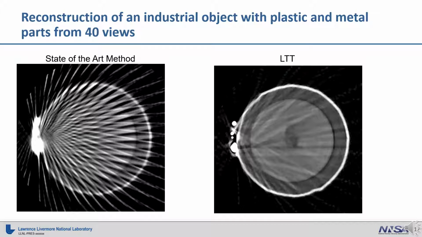So what we've been able to do is combine metal artifact reduction with few-view CT to get these sort of results here. So on the left, we have a state-of-the-art method. That's state-of-the-art for few-view. So it is getting rid of a lot of the streaks, but then you have the LTT reconstruction on the right, where we're combining our novel algorithms of both metal artifact reduction and few-view CT.